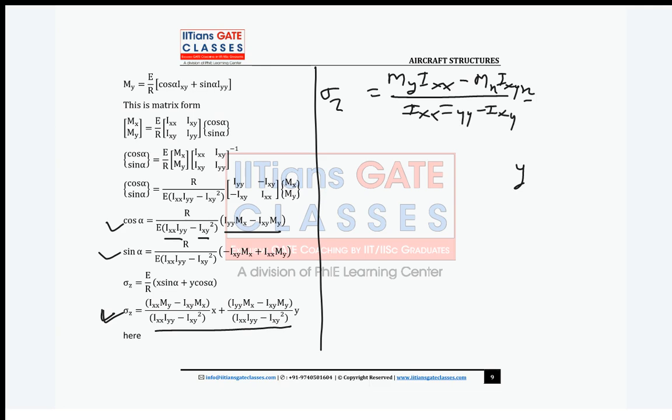This is the determinant. Then here plus sign, it is y. So y means it should come Mx, then Iyy minus My into Ixy, upon Ixx Iyy minus Ixy square.